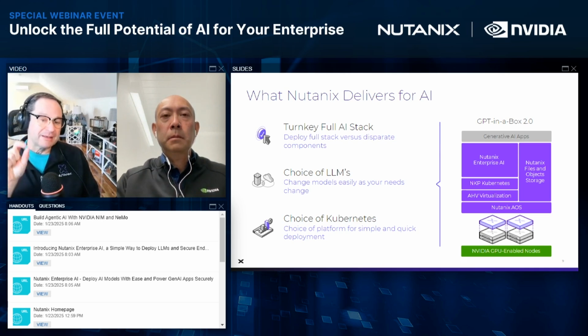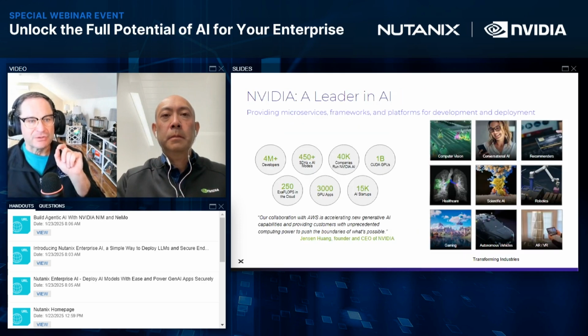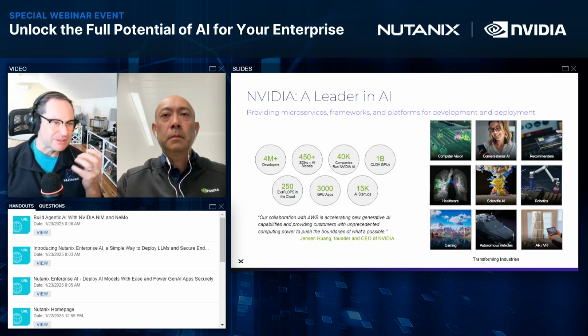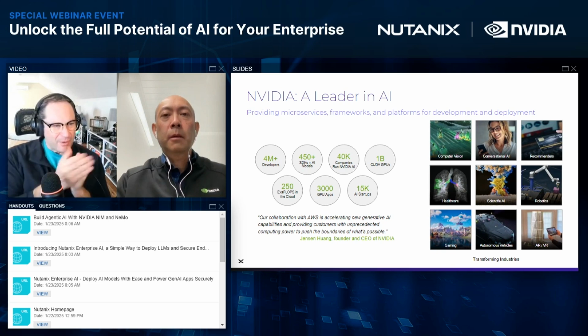But all of that is based on the NVIDIA GPU-enabled nodes, but it doesn't end there, does it, Charlie? Because with the NVIDIA GPU-enabled nodes, we're also talking about NVIDIA's AI leadership. And that's what I want to hear more about from you, Charlie.